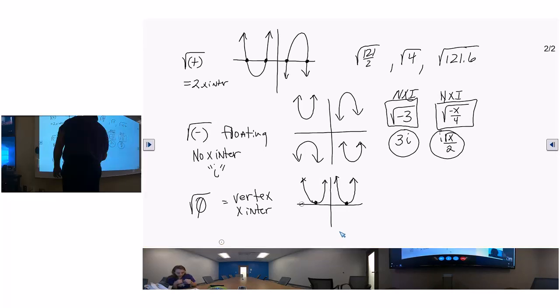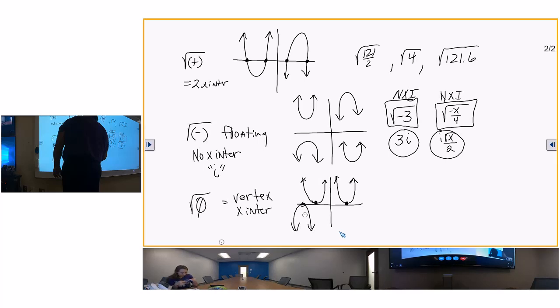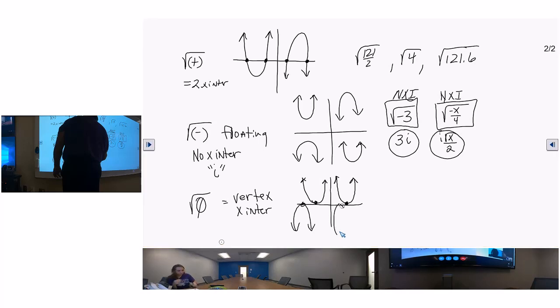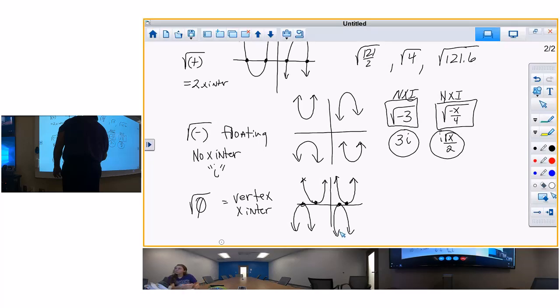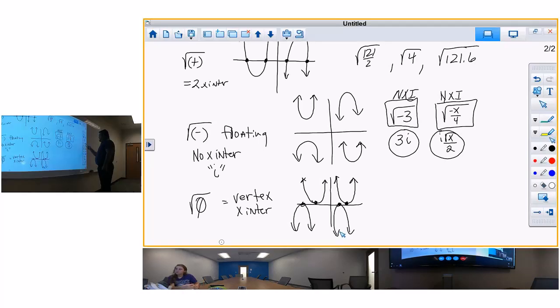Or this right here, or this right here. Basically, the vertex and the x-intercept are the same thing. So it's sitting on the x-axis. So you only have one x-intercept. Does that help answer your question? Yes, thank you.